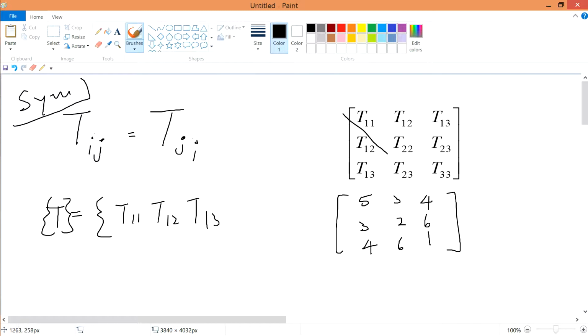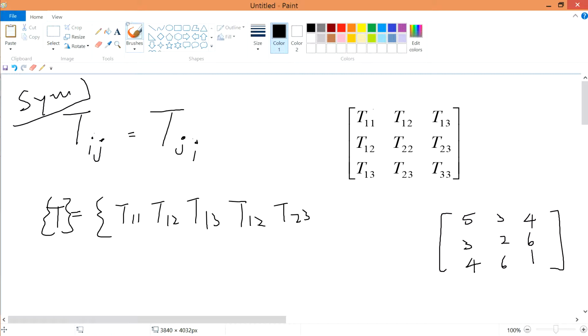So these first three values are the diagonal values, and then I can write out T12, T13, and T23. Sorry, I'll just add in this skyline. So it's T12, I think this will be a better explanation. And then the skyline of T13.